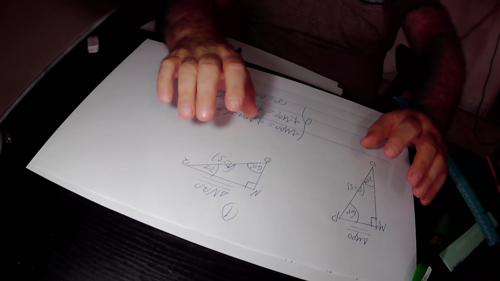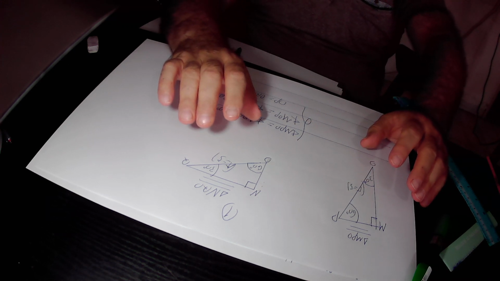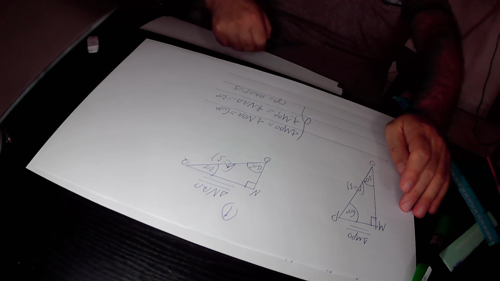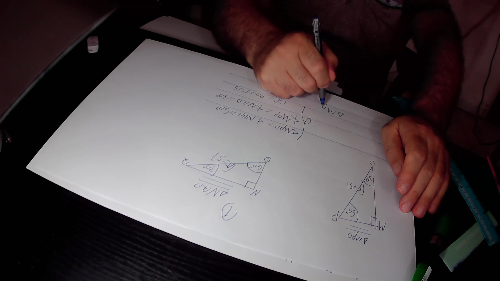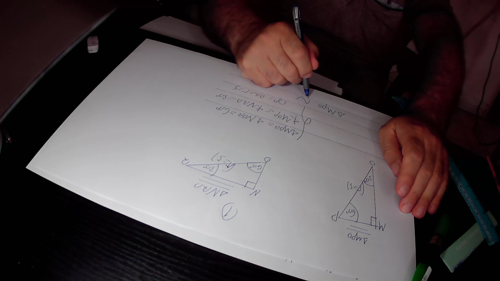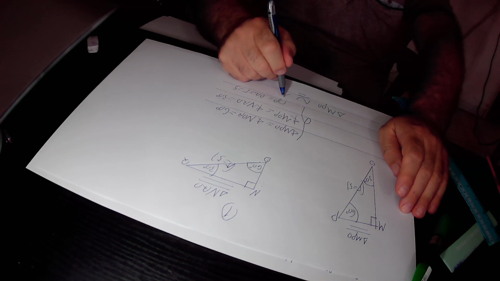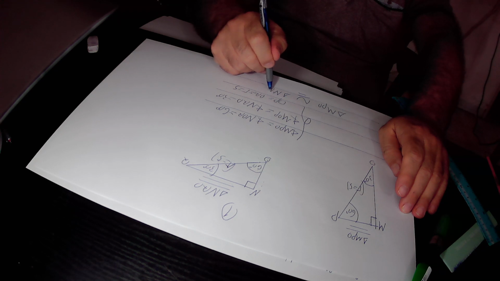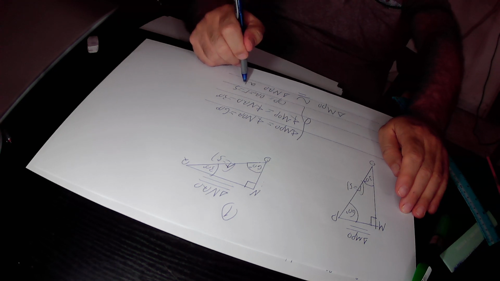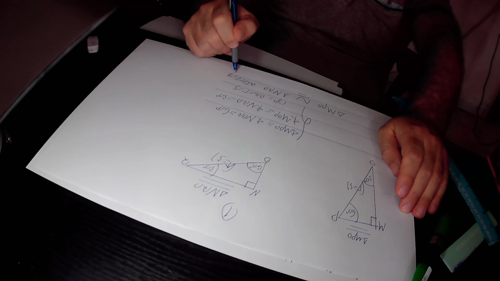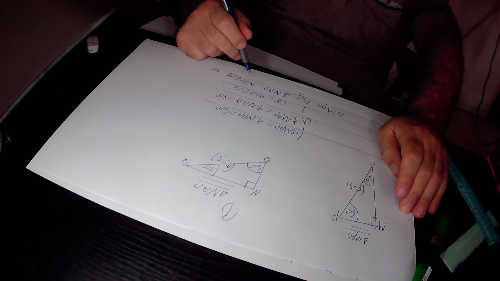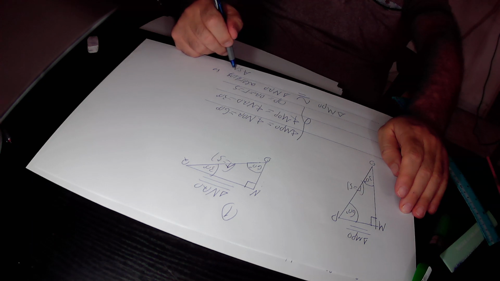Therefore, those two right triangles can go into each other according to the angle-side-angle rule. So I write it down. Right triangle NPO is congruent to the right triangle NQO according to the angle-side-angle rule.